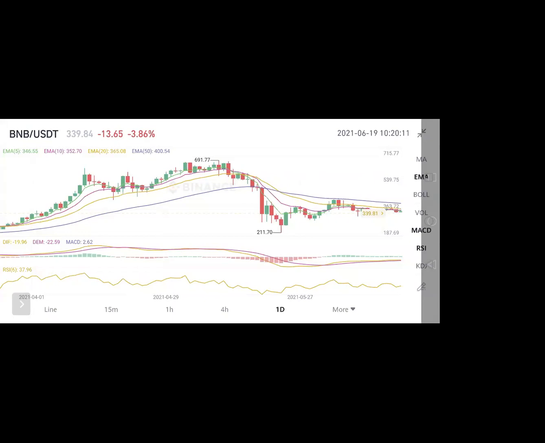The price average of those 5 candlesticks is the 5 EMA, so that is more of a short term. This 10 means the price average of 10 candlesticks makes up the 10 EMA. The 50 EMA means the price average of 50 candlesticks makes up the 50 EMA.